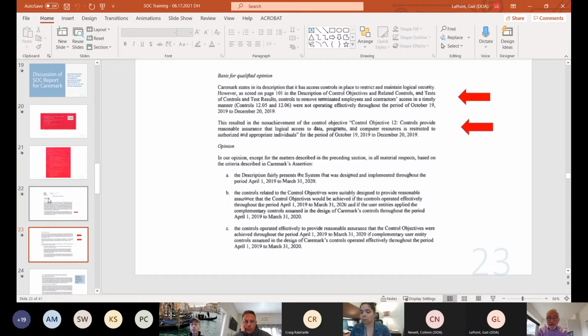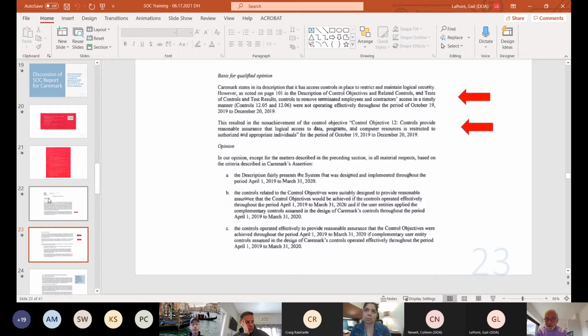So on slide 23, they did have a qualified opinion in this instance. In that paragraph, it says Caremark states in its description that it has access controls in place to restrict and maintain logical security. However, as noted on page 101 in the description of controls, controls to remove terminated employees' and contractors' access in a timely manner were not operating effectively throughout the period, a defined period of October to December 20.